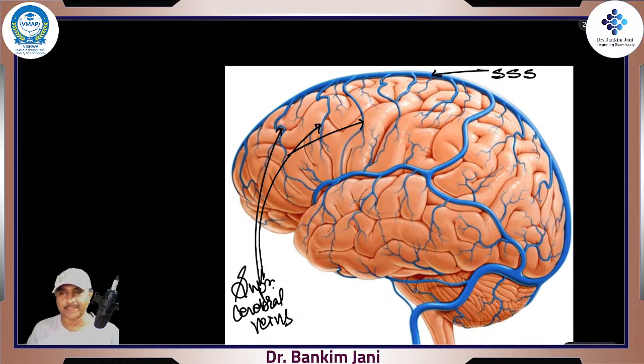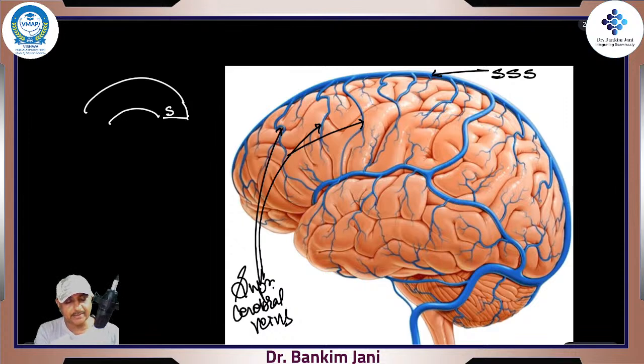Correct? Superior sagittal sinus. When it goes down, inside there would be the inferior sagittal sinus. Let's try it quickly. Superior sagittal, inferior sagittal, this would be the confluence, this one would be the straight sinus, and as it goes down, this one would be the occipital sinus.